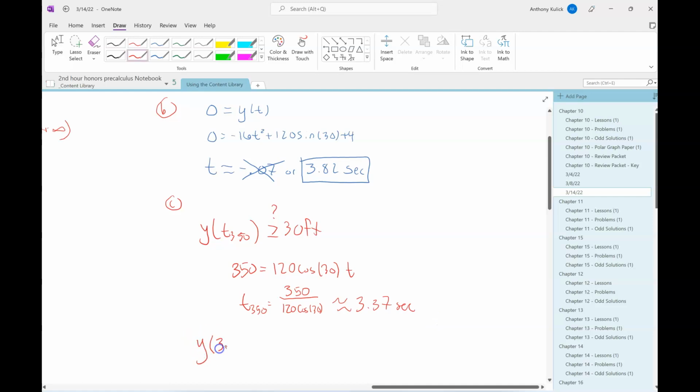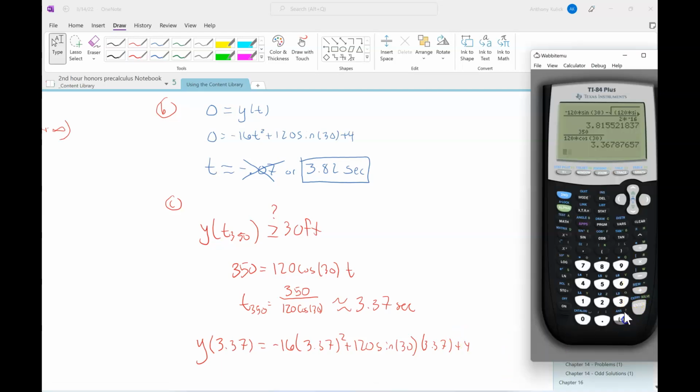So y of 3.37. I think when we did this in class, I was using the calculator to do these calculations that I'm now kind of doing by hand-ish.